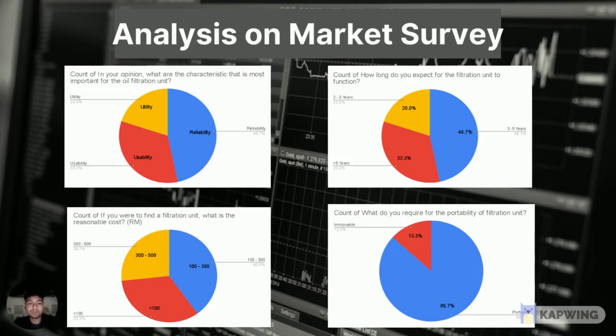This is the analysis on the market. As we can see, the most important characteristic for the filtration unit is reliability, where people depend on reliability. The expected lifespan for the filtration unit to function is 3 to 5 years as usual.